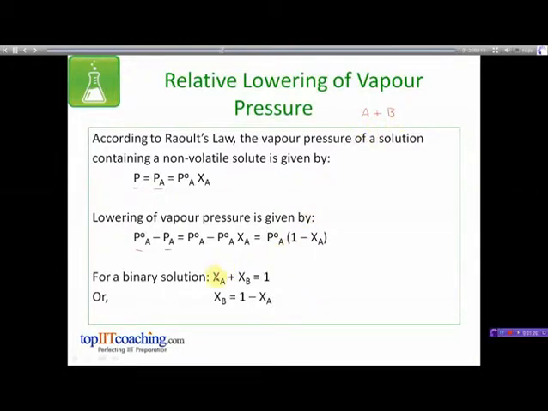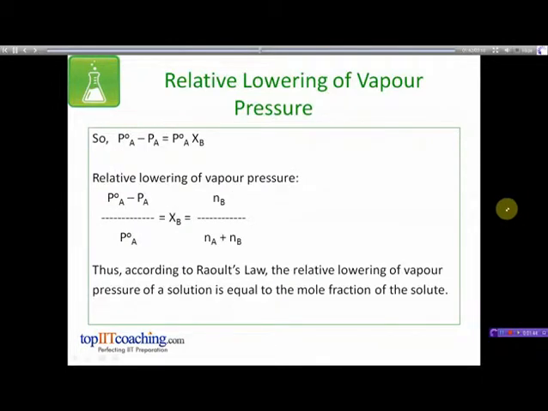So the sum of their mole fractions denoted by XA and XB will be equal to 1. On rearranging this equation, we get the value of XB, that is XB equals 1 minus XA. This is the same quantity as given in this equation. So on substituting this value, we get P naught A minus PA is equal to P naught A XB.